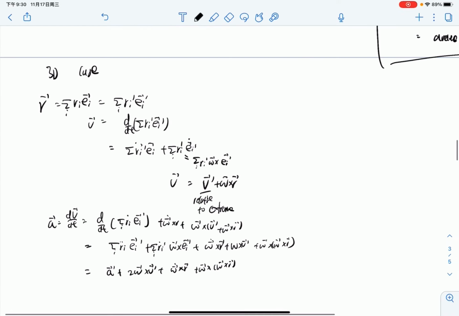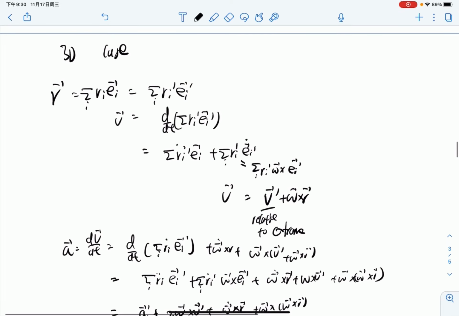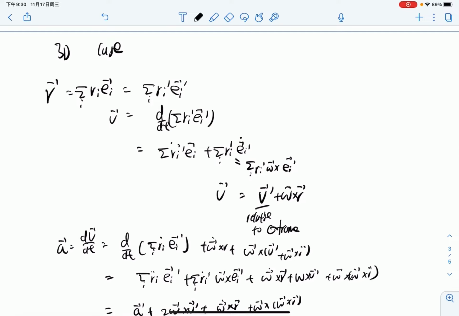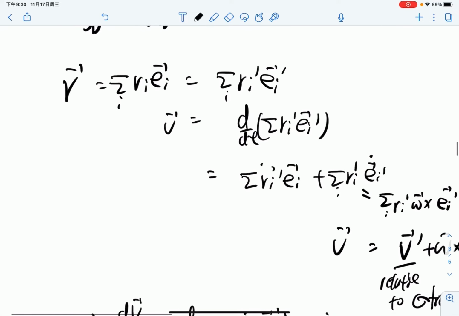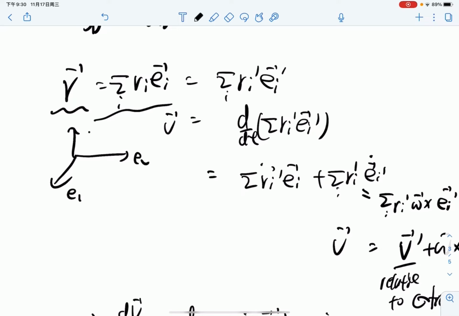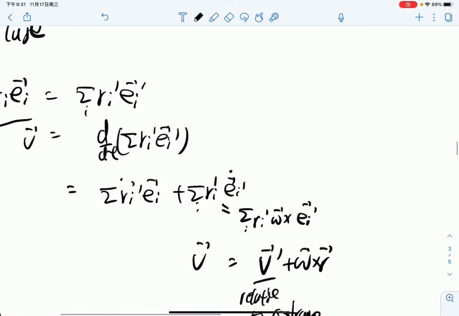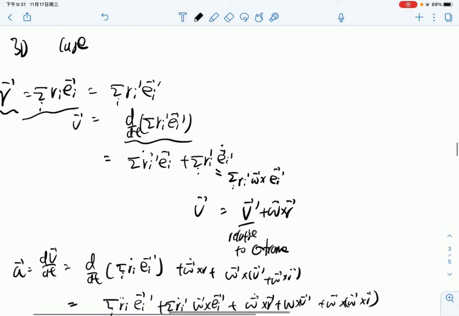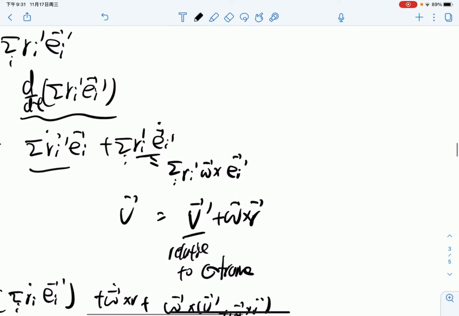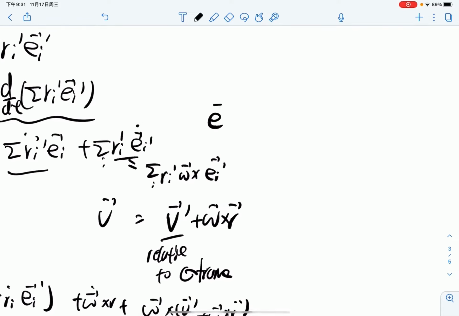And now we're going to the 3D case, which is not very hard, to be honest. So we can write this as a combination. So this one is E1, E2, E3, and this one is R1, R2, R3, and here is the total. And if you take the derivative, you can see this is just going to be this and this, and we can see E dot is just going to be this.